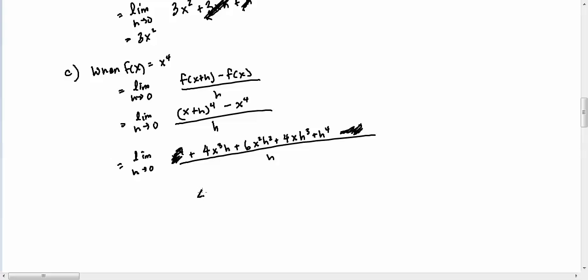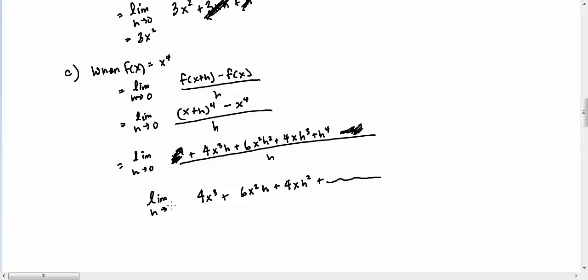So this is 4x cubed plus 6x squared h plus 4x h squared plus, you know what, I'm just going to put yada yada yada. Why am I going to put yada yada yada? Because it doesn't really matter. Why does it not really matter? Because they're all going to cancel out. Oh, I see.